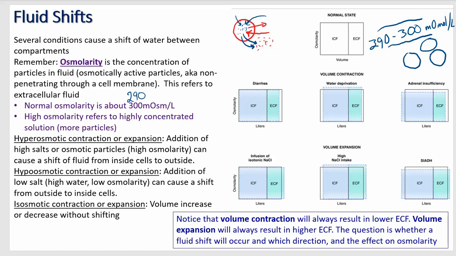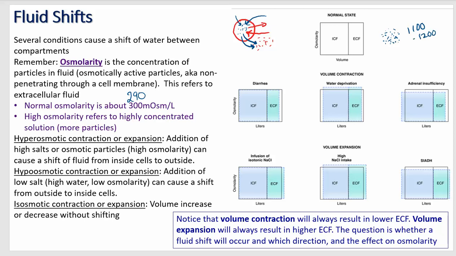If you hear something being high osmolarity, it's not really that confusing if you learn it right the first time. High osmolarity means that it's got a lot of salts in it, a lot of particles. It can get up to like 1100, like in really concentrated urine, 1100 to 1200 milliosmoles per liter.